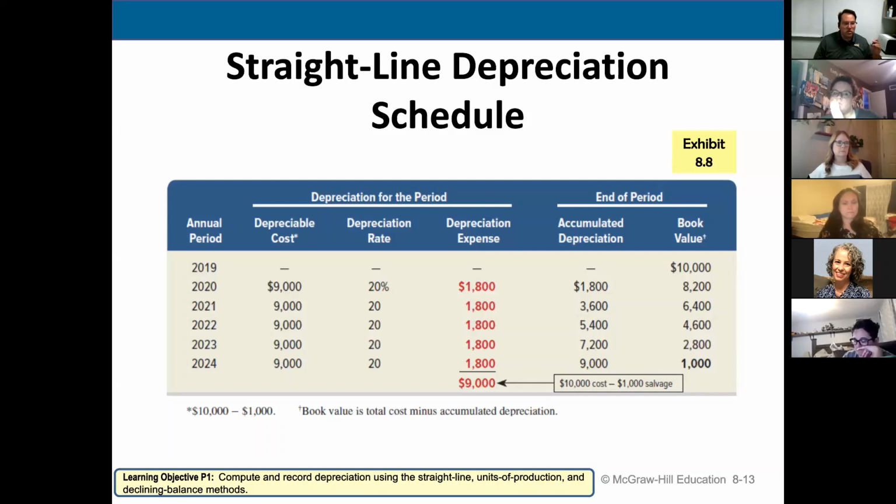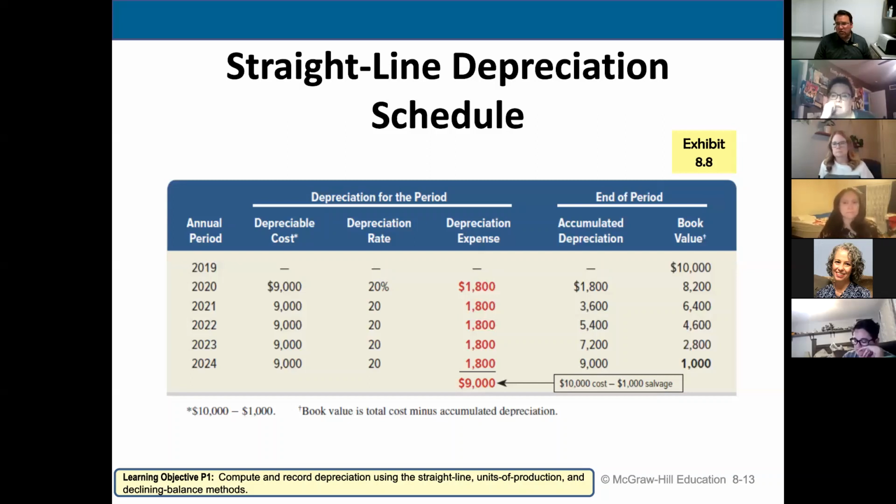Again, remember, book value is just cost minus accumulated depreciation. So this is how straight line depreciation works. It's how the majority of small businesses deal with depreciation for their assets. So if you did go to work as an accountant for a small business, likely you would see something like this.